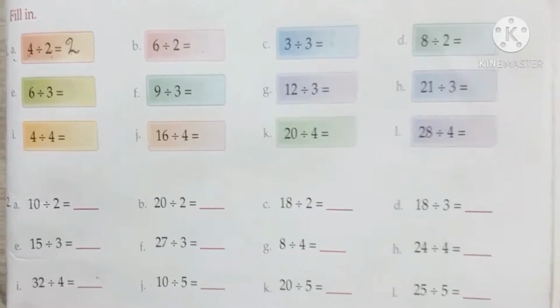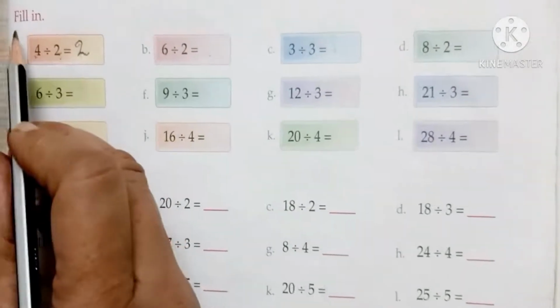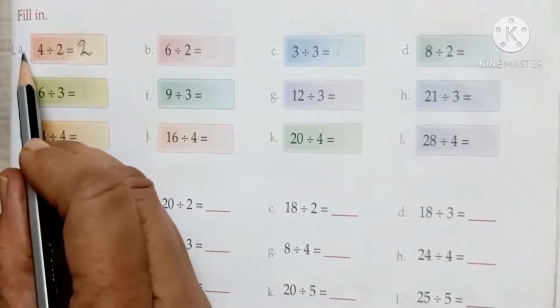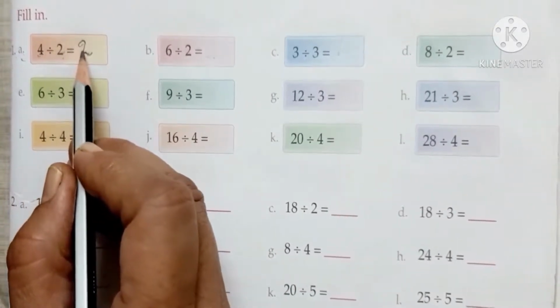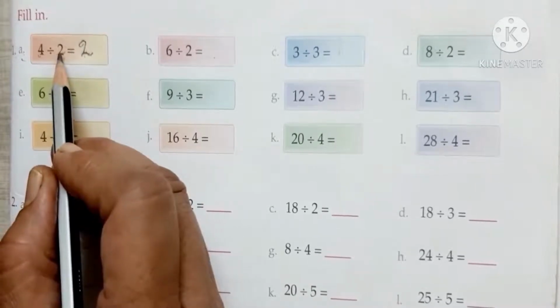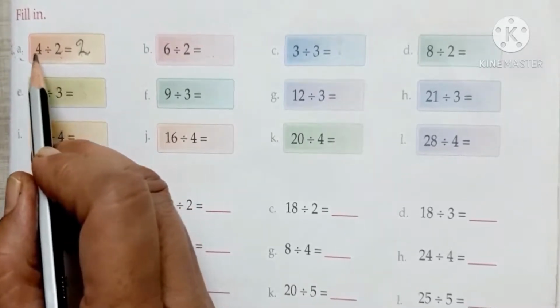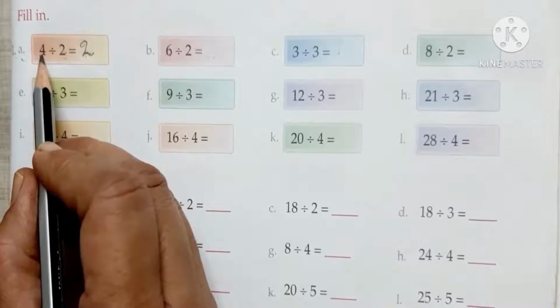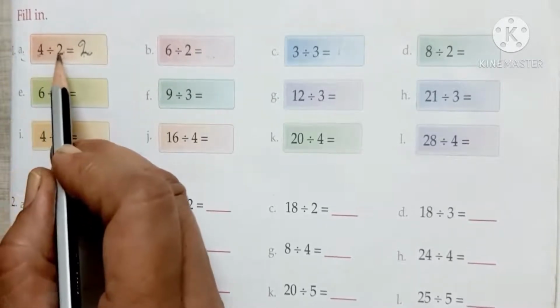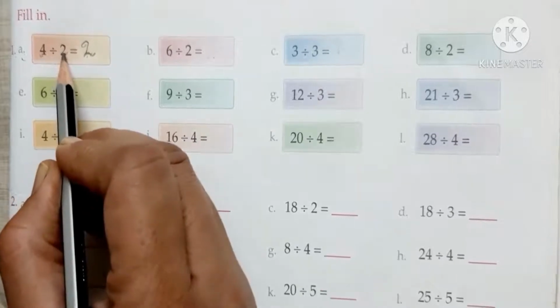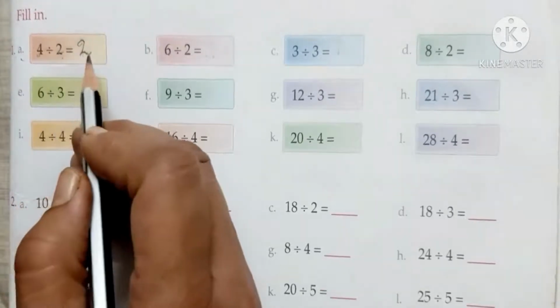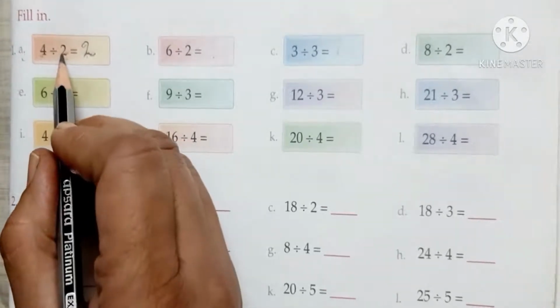Page number 91. Fill in. First A. 4 divided by 2 is equal to. So, children, here 4 is dividend, 2 is divisor. Recite the multiplication tables of 2.